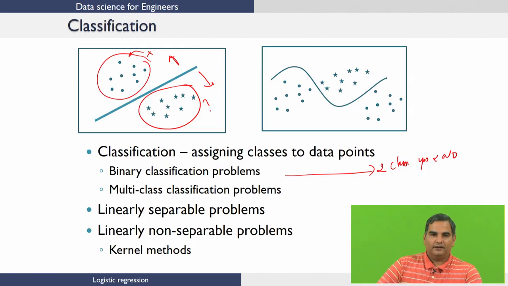Now, a more complicated version of this problem is what we call a multi-class classification problem, where I have labels from several different classes. So, here I had just 2, but in a general case in a multi-class problem I might have k classes.